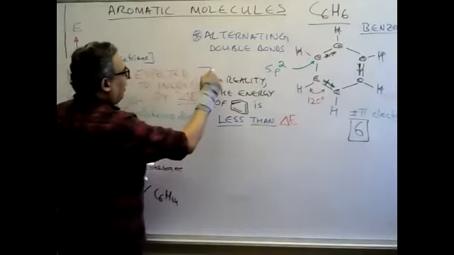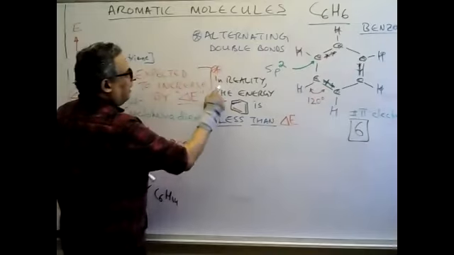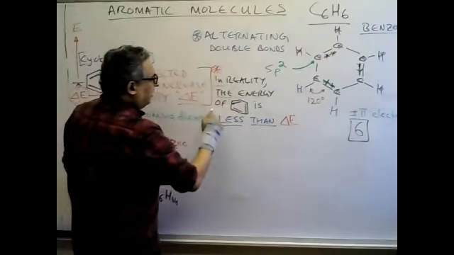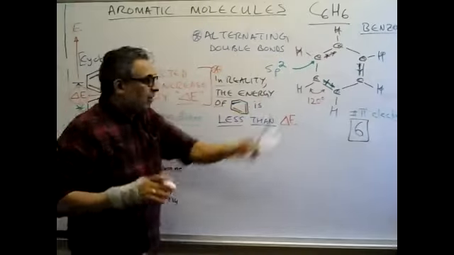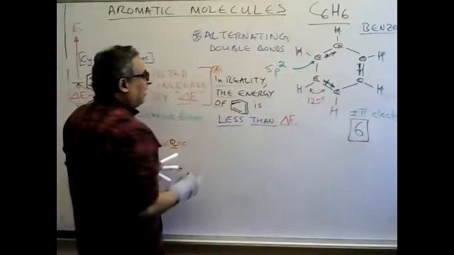In reality, the energy of this species, cyclohexatriene, or we know that it's called benzene, is less than delta E.